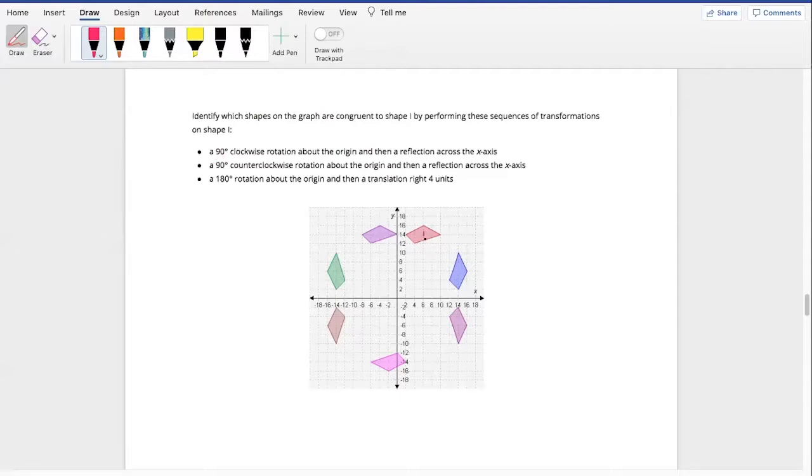So from here, if I do 90 degrees clockwise, you can kind of picture that 90 degrees is going to end up down here, but then it is reflected. So it's going to kind of come this way and then reflect back up across the x-axis. So once it's rotated down here and then flipped back up, that's going to give us this point here.